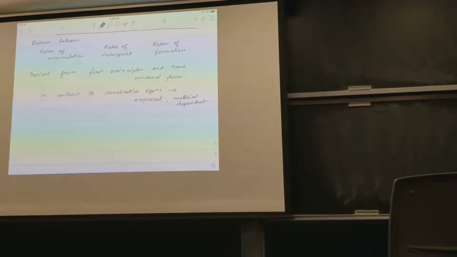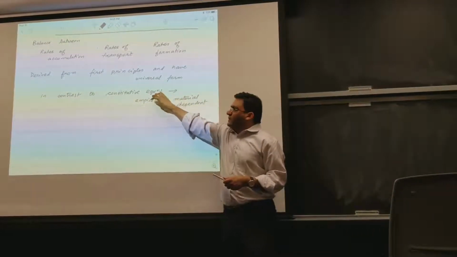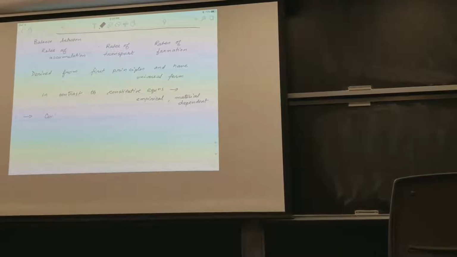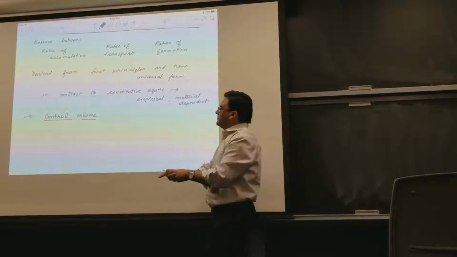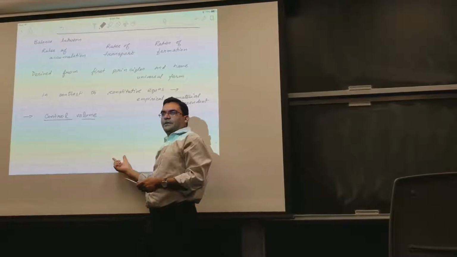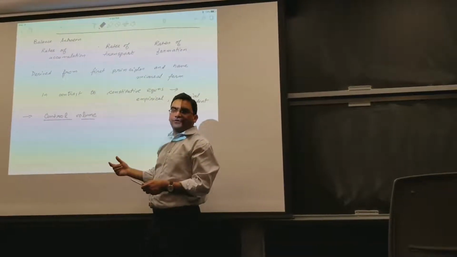In the undergraduate classes, what we often do is start by looking at rate of accumulation, rate of transport, and rate of formation within a control volume. You can write each one of these terms independently and then write this detailed sum that eventually converts into a differential equation. And then we learn how to solve those differential equations.